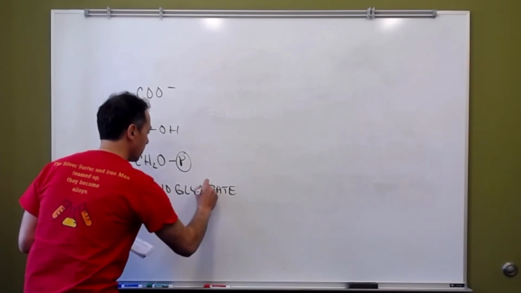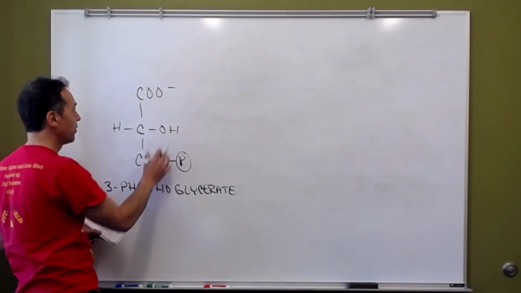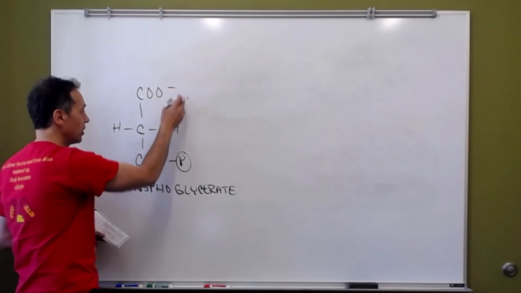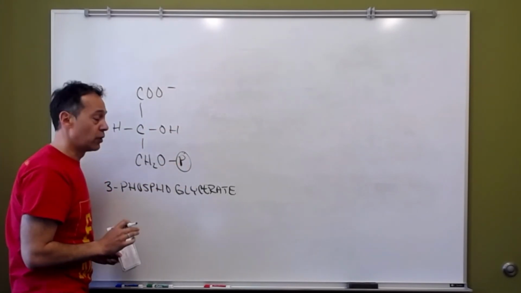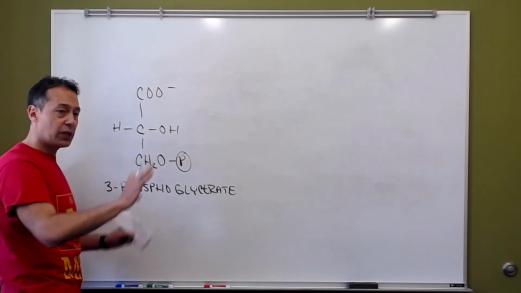And really what's going on here is we've got a carboxylic acid here that has lost its hydrogen, and we have a phosphate group attached. And we're going to take this molecule and we're going to rearrange it.